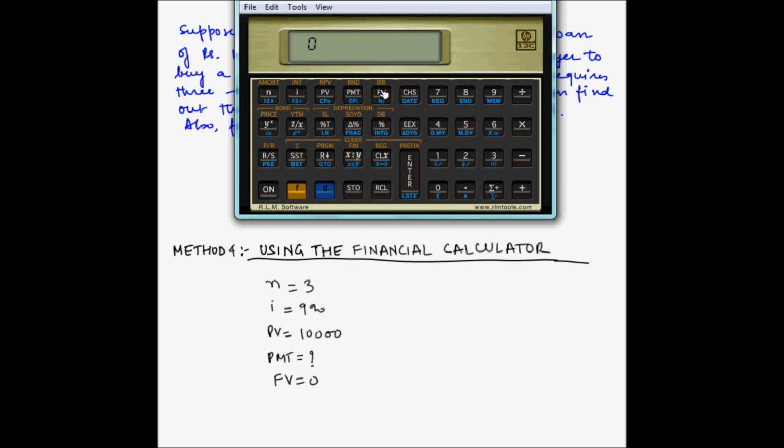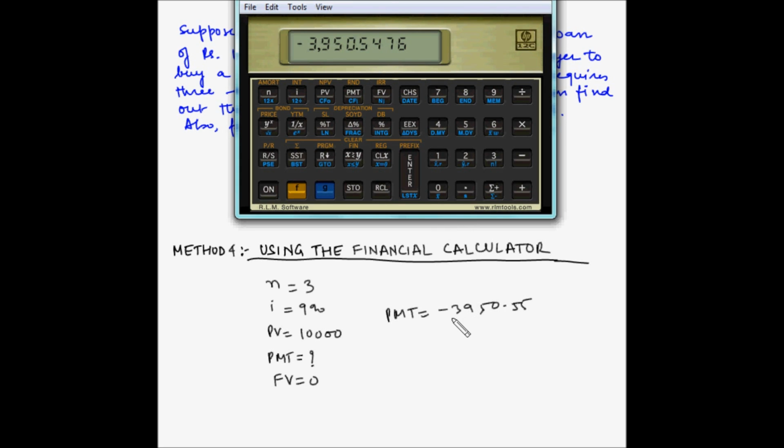0 is the future value, and now we'll click on payment. So the value comes out to 3950.55. So the payment amount is minus 3950.55, because we are rounding off to 2 decimal points.